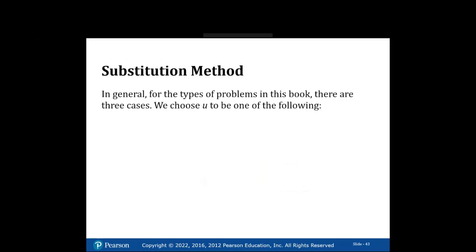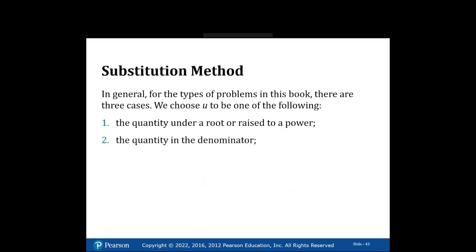So when we're looking for what to substitute, there are some pretty typical areas to look. One is under a root bar or raised to some power, like if I have parentheses around something, raised to a power. Anything in a denominator is a good place to look, or the exponent on e.